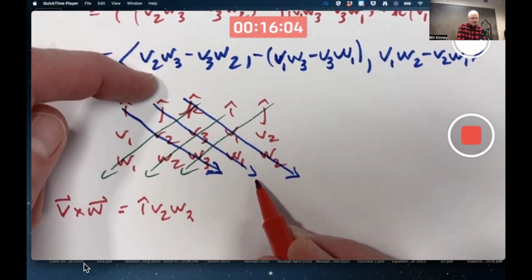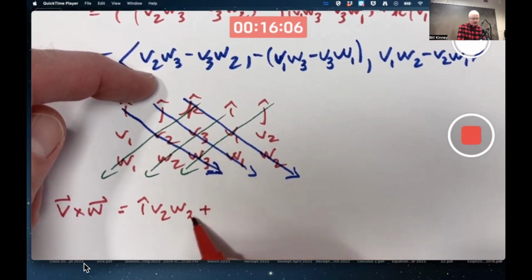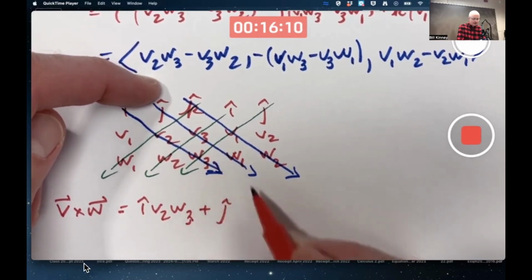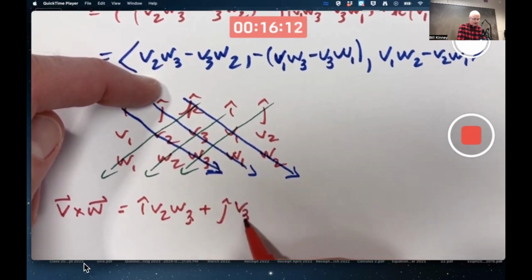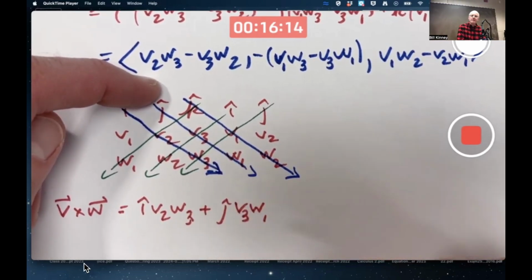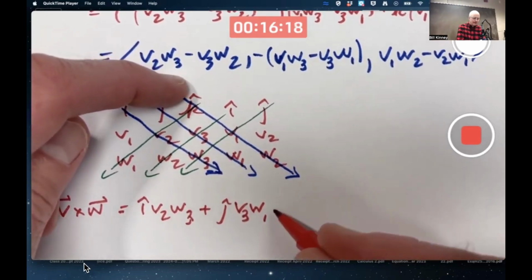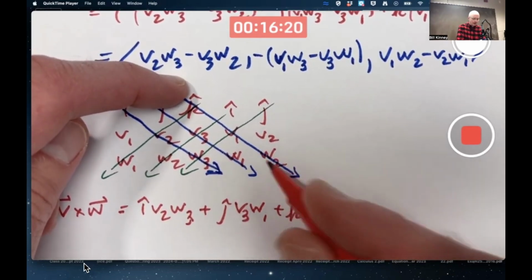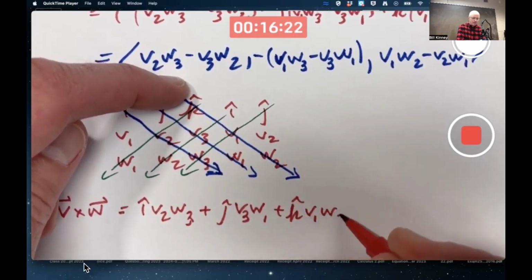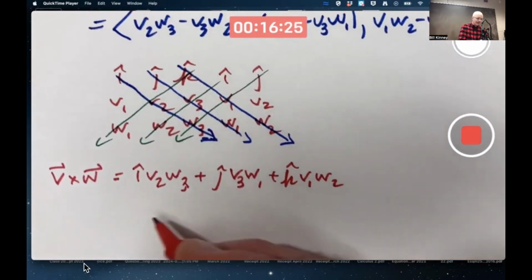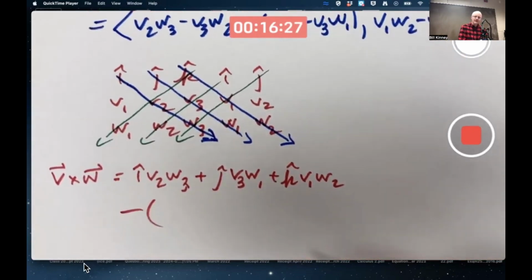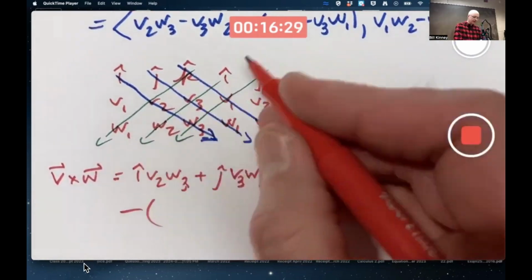The second one is J hat V3 W1. That is a 1 there. The third product that you add is K hat V1 W2. And then you subtract the products along the green arrows.